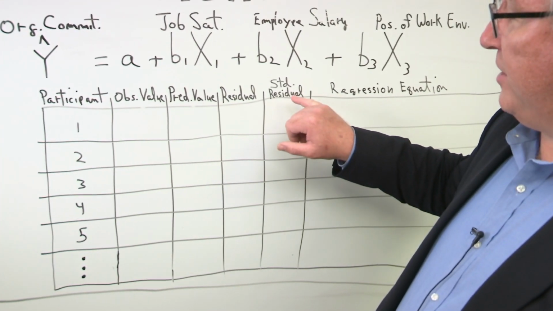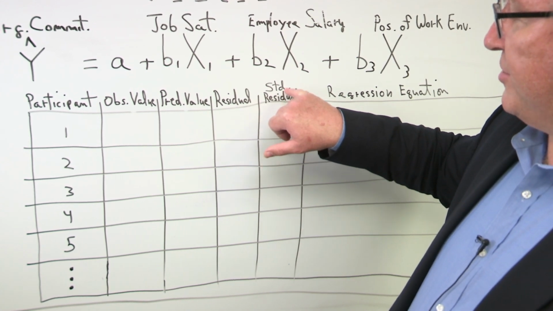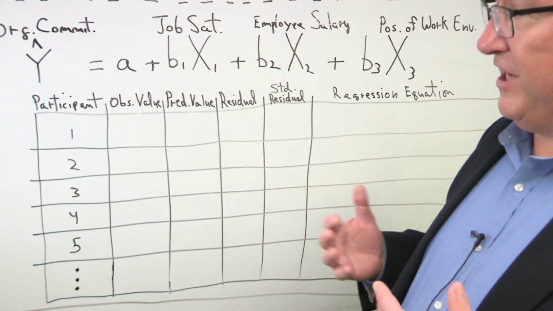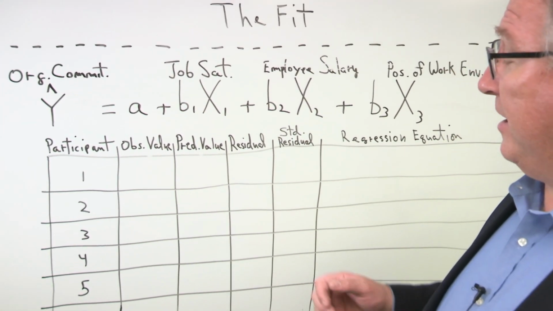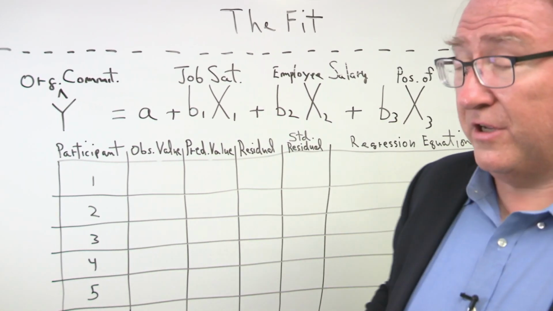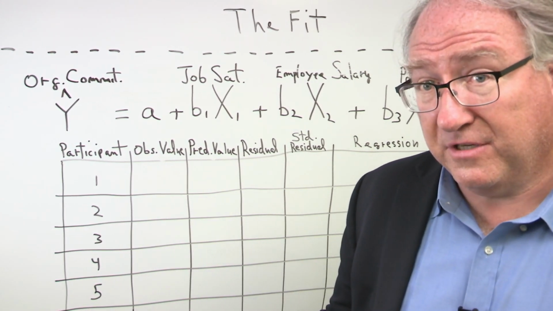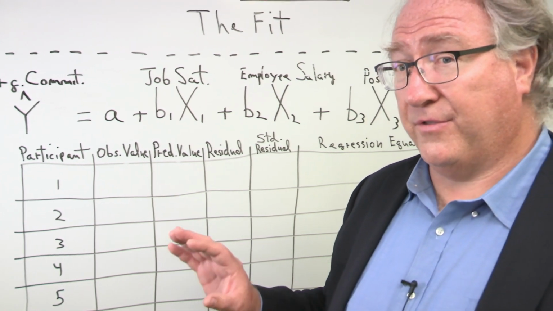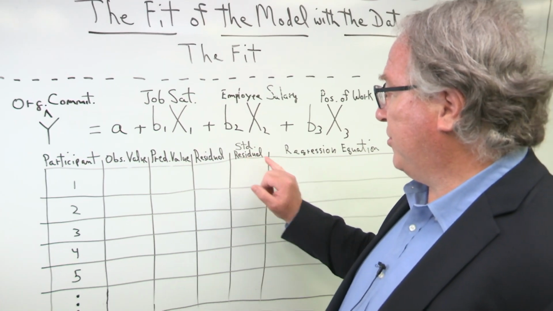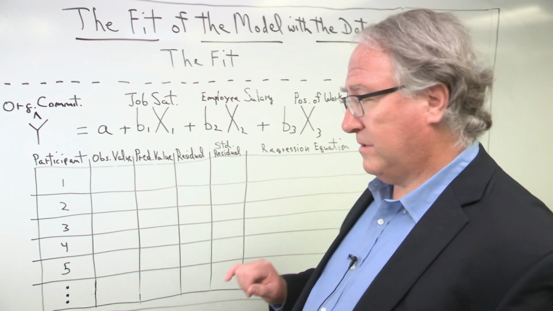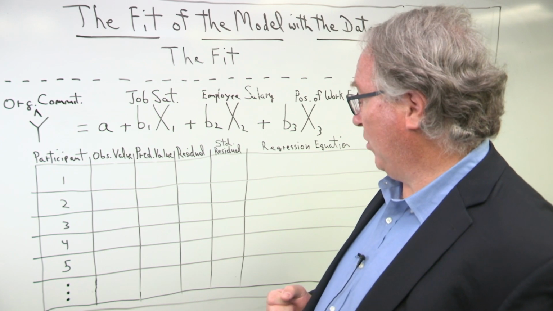But what you'll actually examine are the standardized residuals, or standardized errors in prediction, because they are the residuals of your model in standard deviation units. So we'll be back to that as we fill this in.